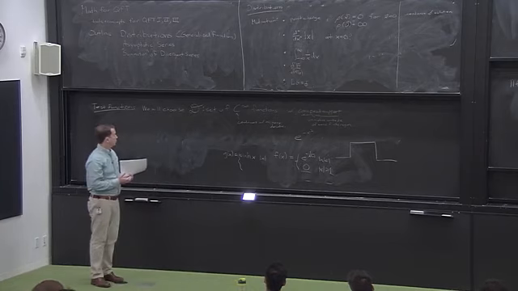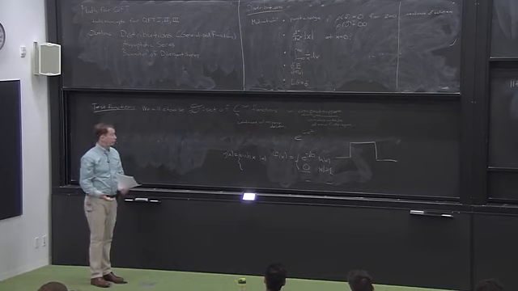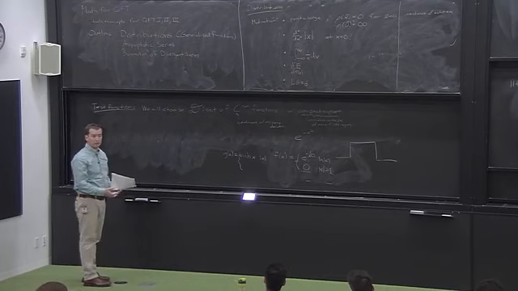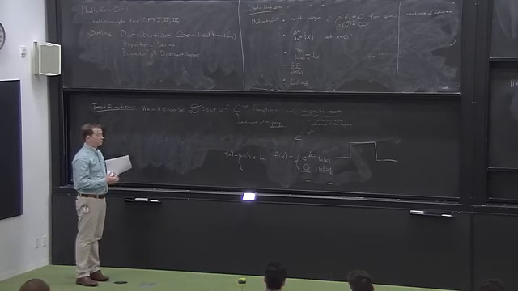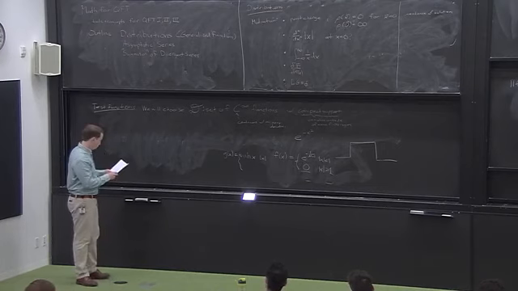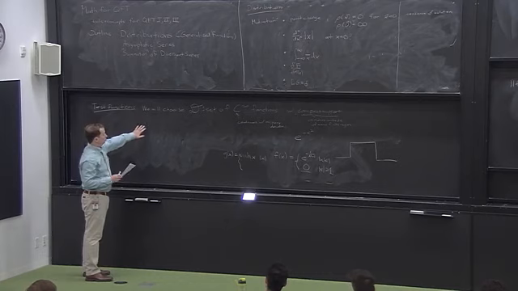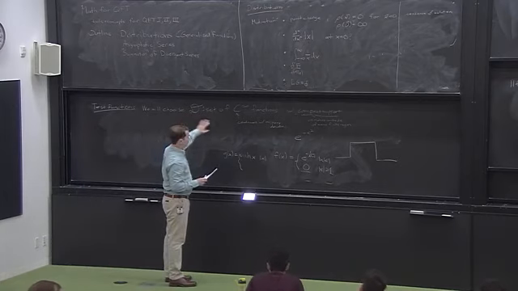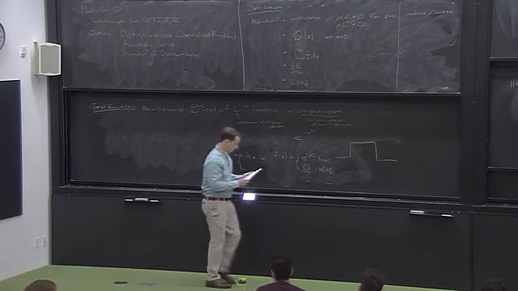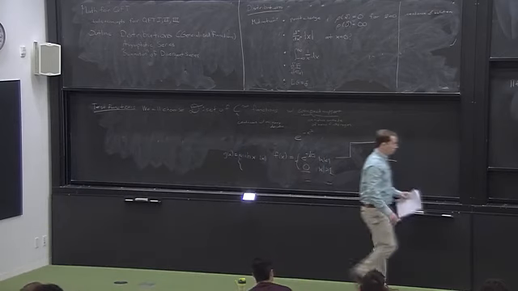And then distributions are going to be functionals. A functional is a function that takes a function as an input, and so we can map these functions to real numbers.